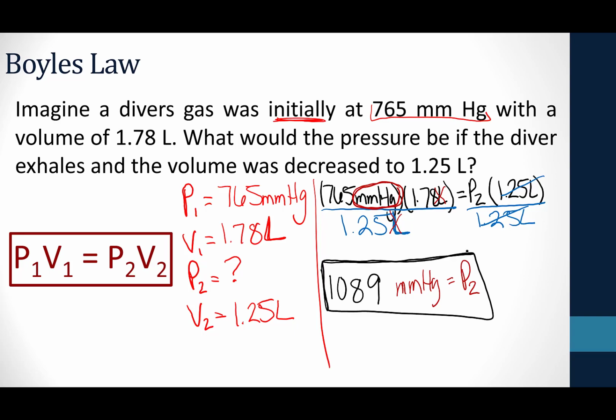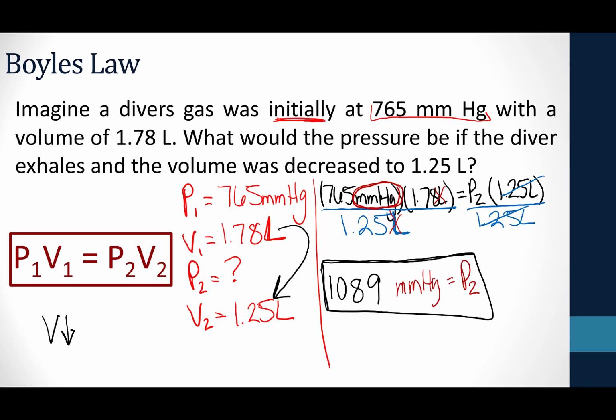Another cool thing I want to talk about here is you can pretty much check your answer for all of these problems. We can ask ourselves, does this make sense? What happened in this problem? If we look at our initial volume and our final volume, we see that the volume decreased.